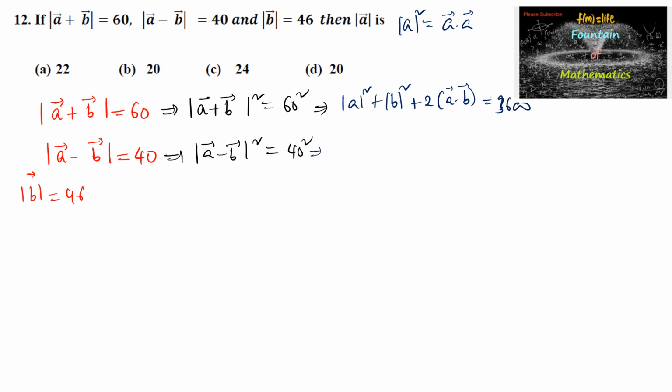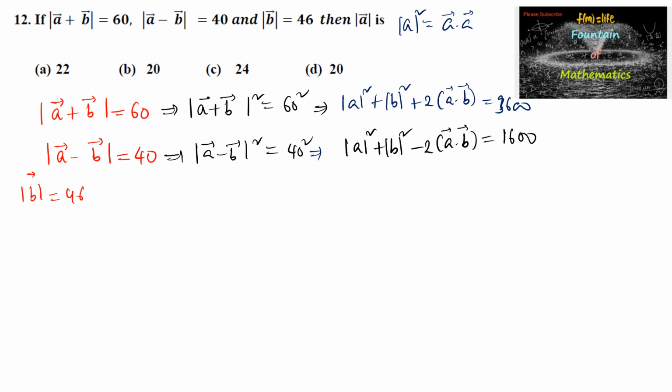At the same time, the other one we can write: mod A square plus mod B square minus 2 times A dot B is equal to 1600.